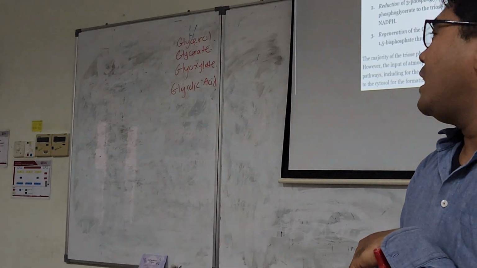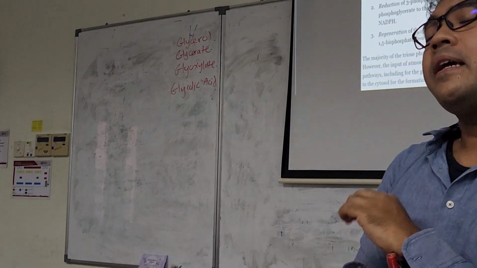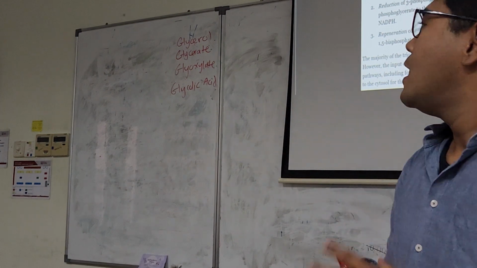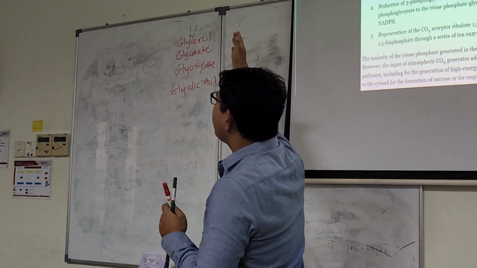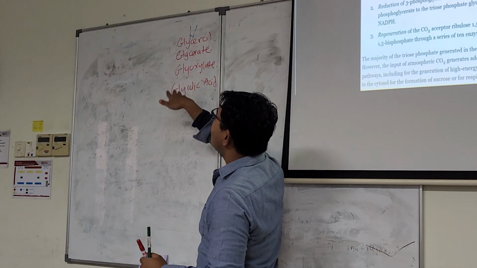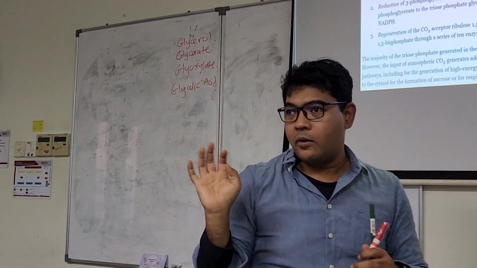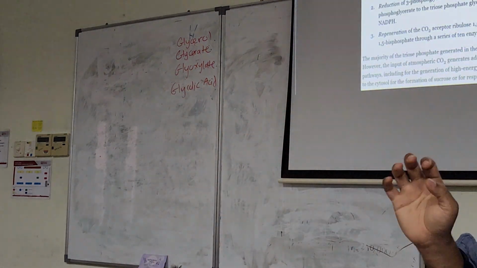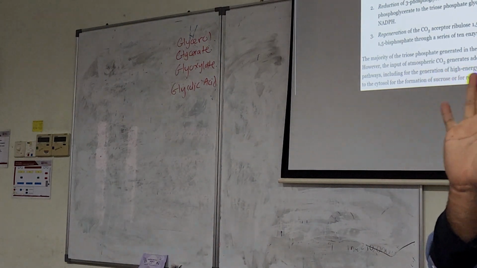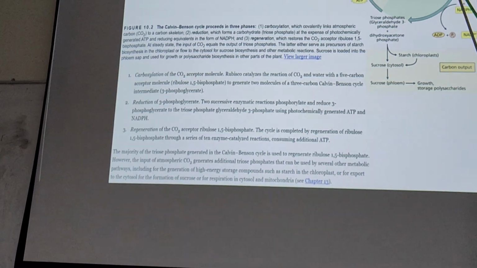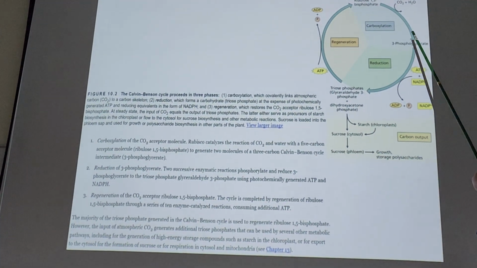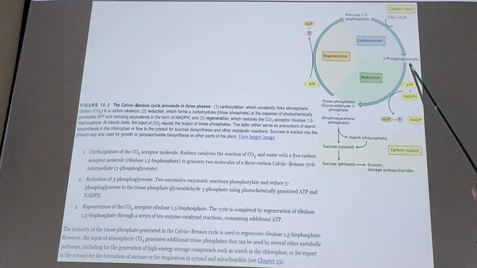So these things, due to the chemical reactions we're going to see later, will change form from glycerol to glycerate, glyoxylate, and also glycolic acid. But they are basically glycol things. In here, it is phosphoglycerate, which is glycerate with a phosphate attached to it.